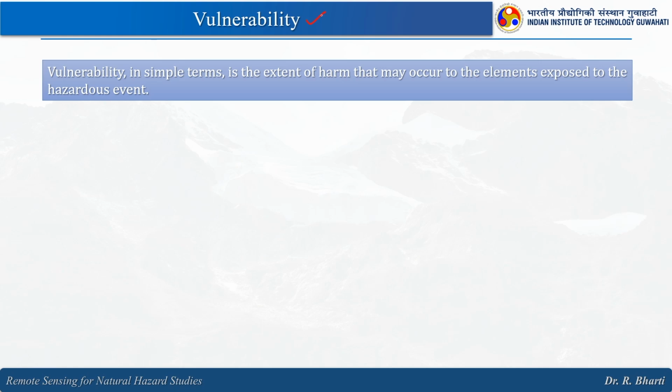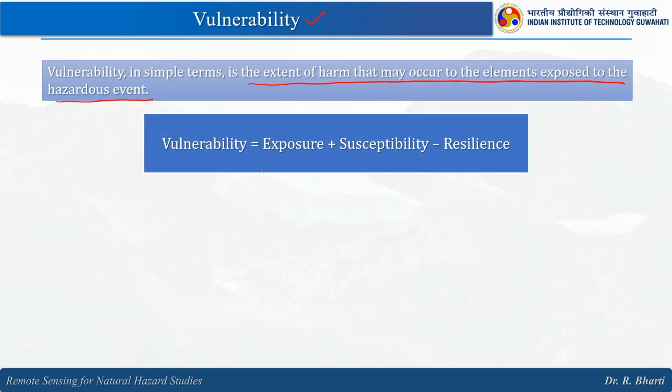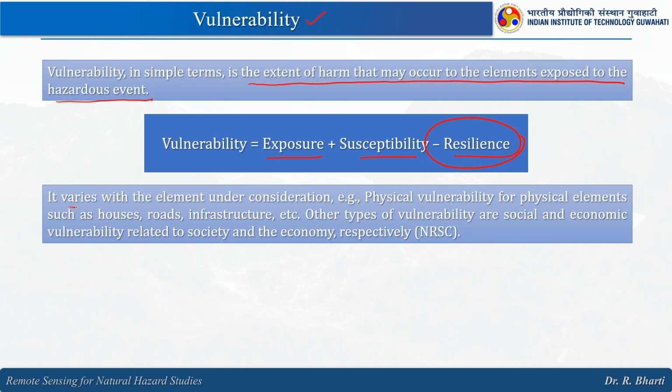Now, we have the vulnerability. In simple terms, it is the extent of harm that may occur to the elements exposed to the hazardous event, right. So, the vulnerability will be exposure plus susceptibility, subtracting resilience. It varies with the element under consideration.